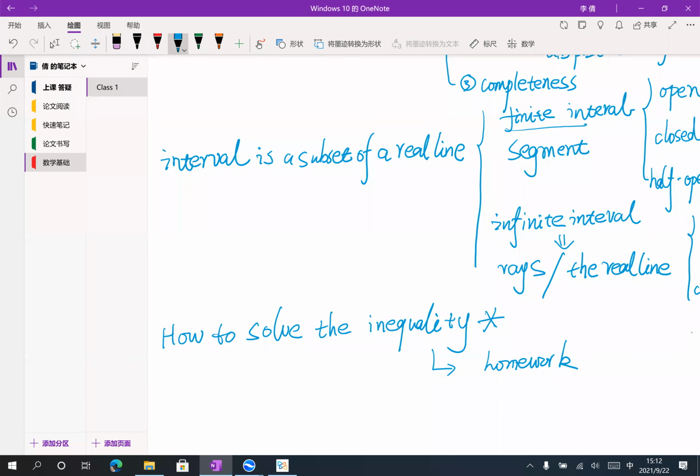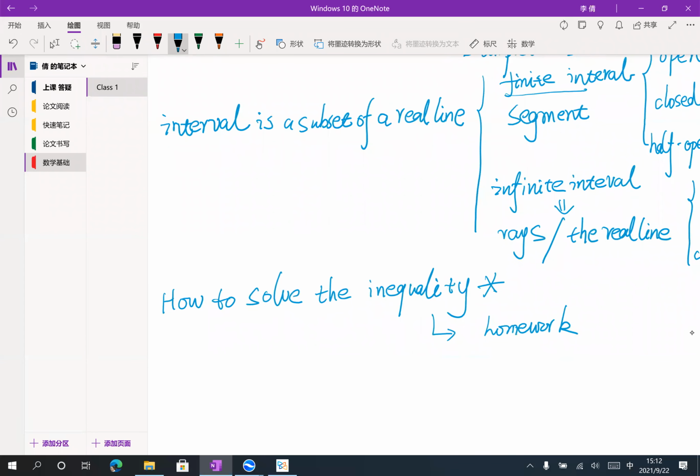And then let's see, we studied the absolute value. If x is a real number, the absolute value of x is equal to what?